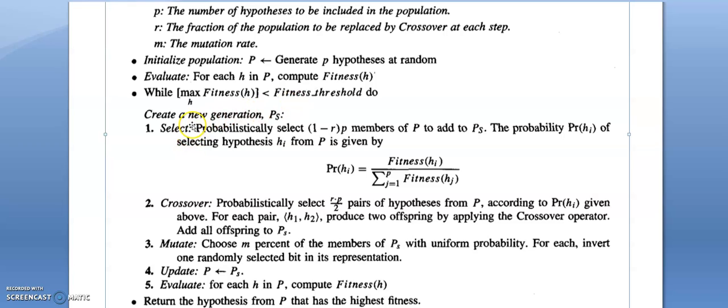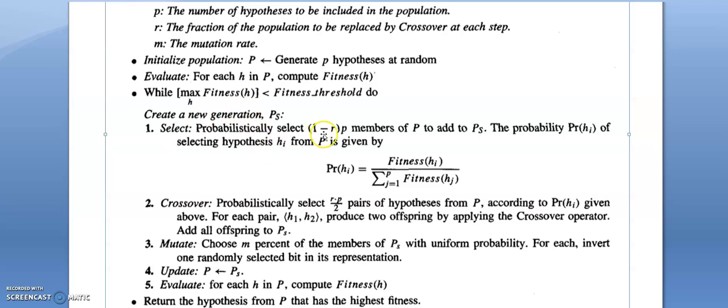Now for generating the new population, we have several steps. First is the selection of the hypotheses for mating, or for reproduction, for generating the offspring. So we select some of the hypotheses from the current population. Okay.